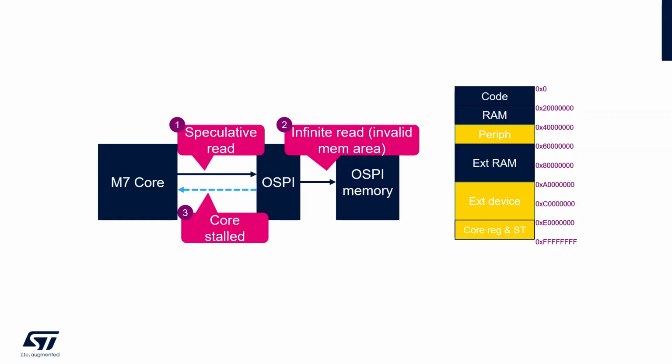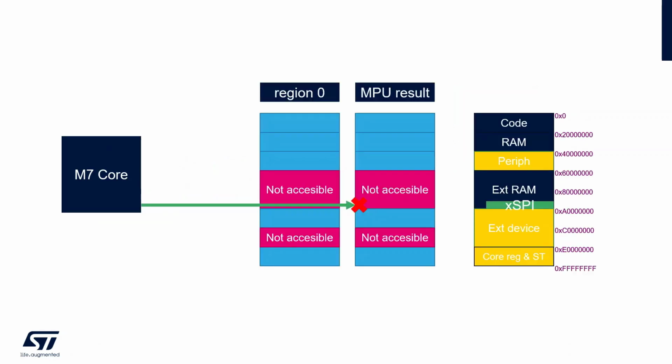But this unfortunately decreases the performance of this memory. So for this reason, we will protect the memory against these speculative reads on the locations which we know that there is no memory.